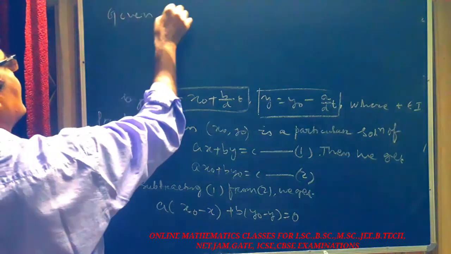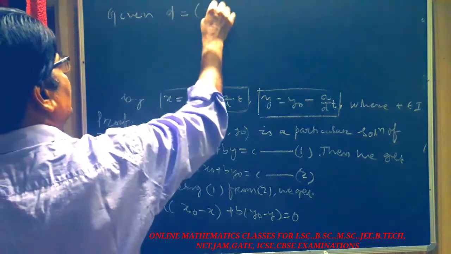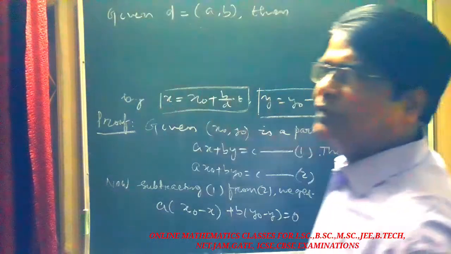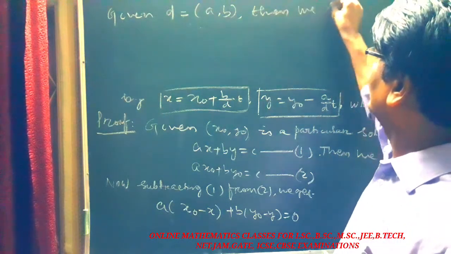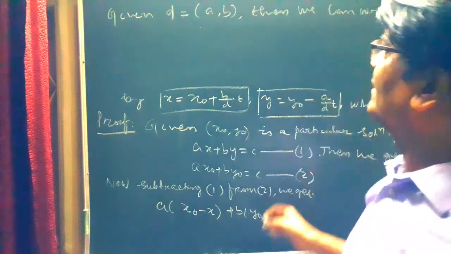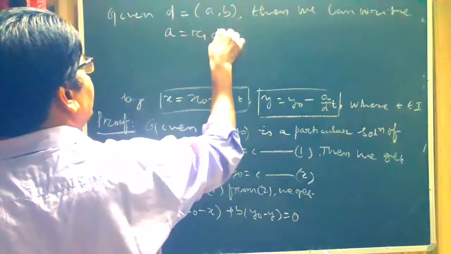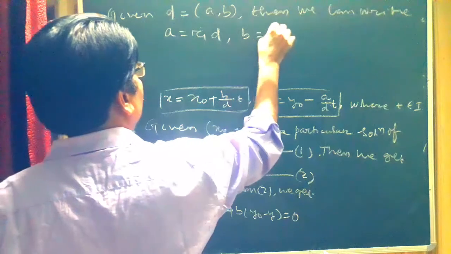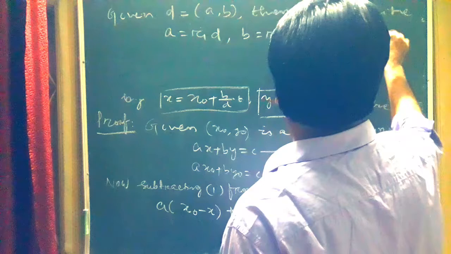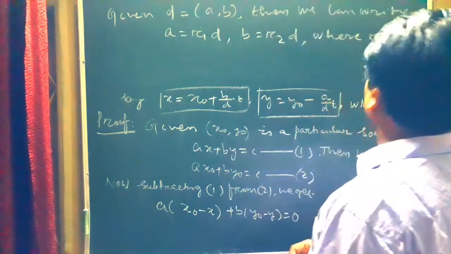Given d = GCD of a and b, then we can write a = r1d, b = r2d, where r1, r2 belong to the set of integers.